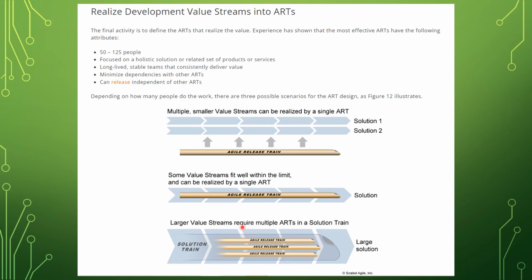In a large value stream, it might require multiple ARTs in a solution, right? So you may need two or three release trains, like an architectural train, or different value stream related ARTs. So you can have these three possible scenarios for building ARTs to realize the development value streams, right?